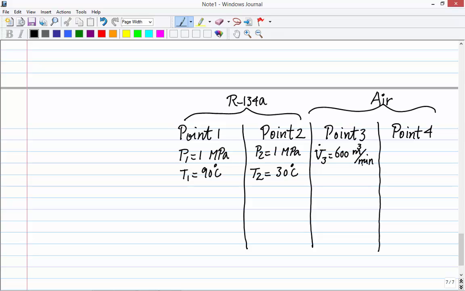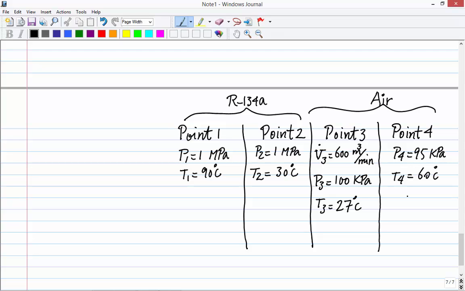It's not second. And P3 is 100 kPa, and T3 is 27 degrees C. Please keep in mind that we need to update this table through our solution to keep all the data that we have and find here. 60 degrees C.